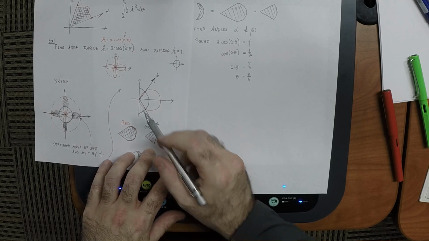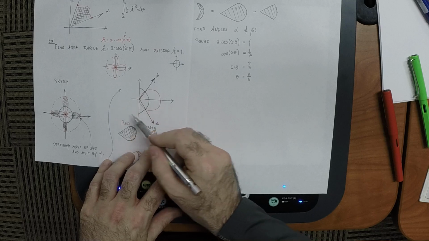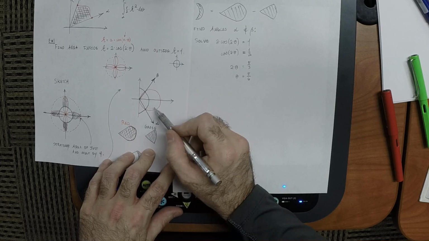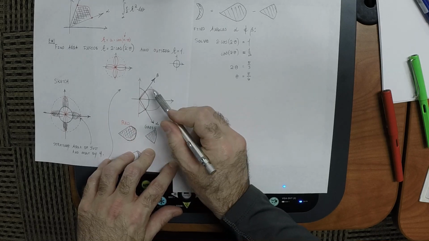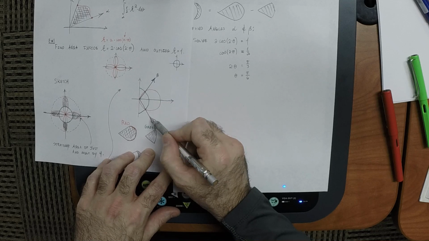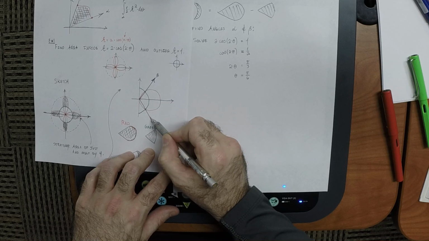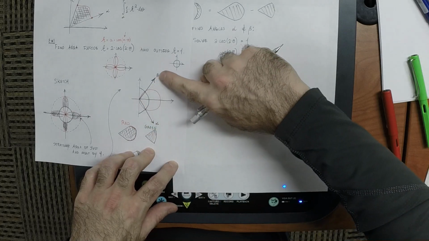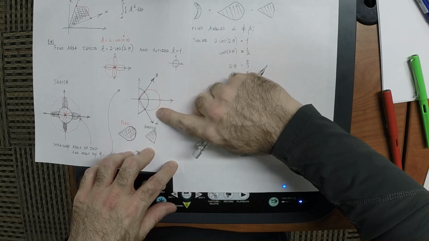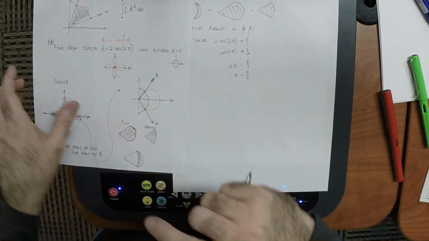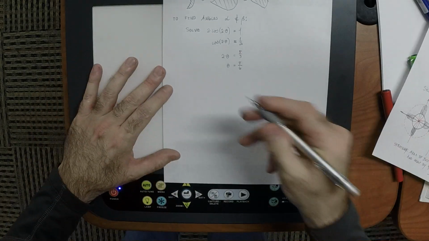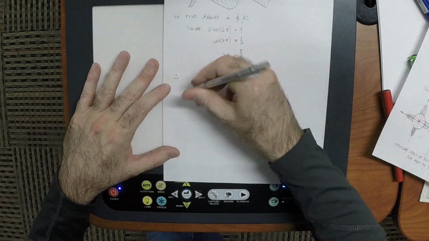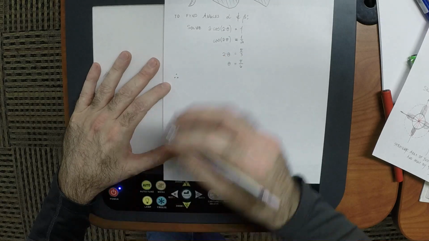If it was 11 pi over 6, that'd mean you're going this way. We need to go this way. We need to go to pi over 6. So we would have to be coming from what? Positive pi over 6? Negative pi over 6, right? So that's saying that the picture actually looks like this.